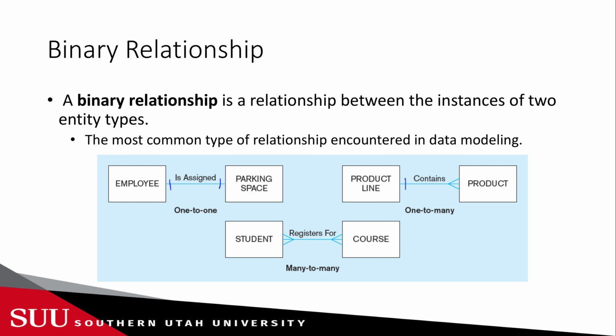We have product line containing multiple products, which is a one-to-many binary relationship. And we have students registering for courses where these students will register for multiple courses, and the course can be taken by multiple students. So we have a many-to-many binary relationship in that case.